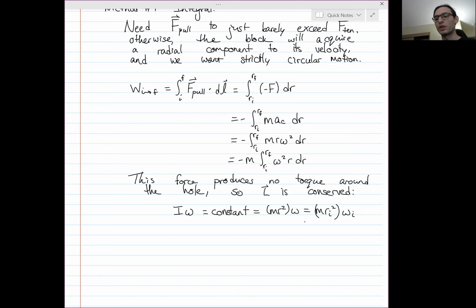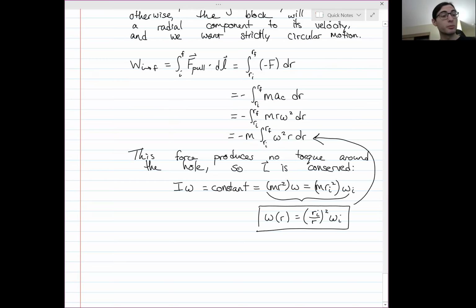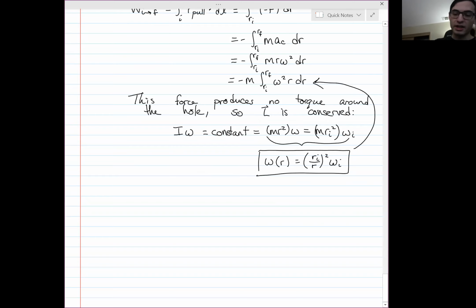We can write the angular momentum in terms of the initial angular momentum. And we know what omega_i and Ri are. So we can use this relationship to solve for omega as a function of r. What we get is that omega as a function of r is Ri squared divided by r squared times omega_i. And so we can plug that back in. We get that the work done from configuration i to configuration f is negative m integral from Ri to Rf.